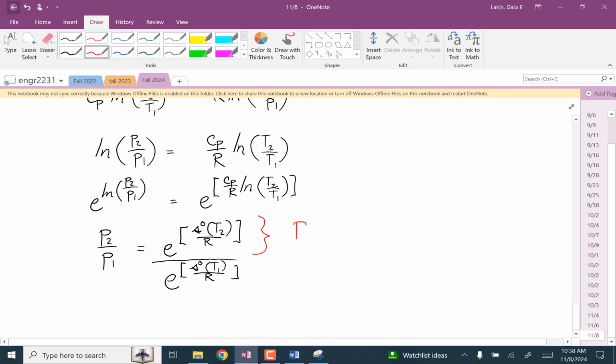This is the P sub R at T2, and this is the P sub R at T1.